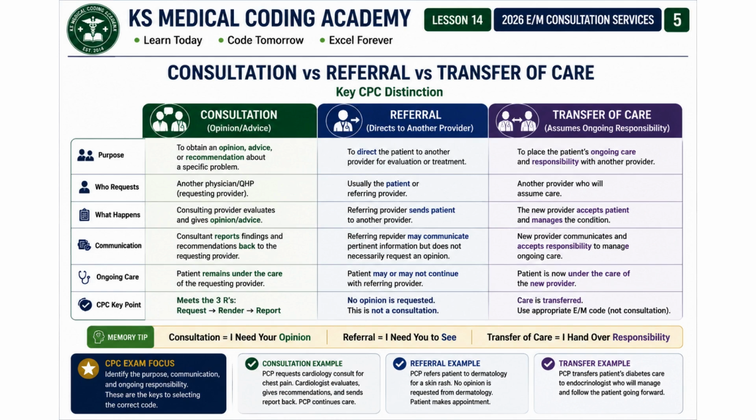The key point is that an opinion is not necessarily being requested as part of a formal consultation. A transfer of care is different because responsibility for managing the patient's condition is handed over to another provider. The new provider assumes ongoing care. For the CPC exam, remember, consultation means opinion, referral means see another provider, and transfer of care means responsibility changes.